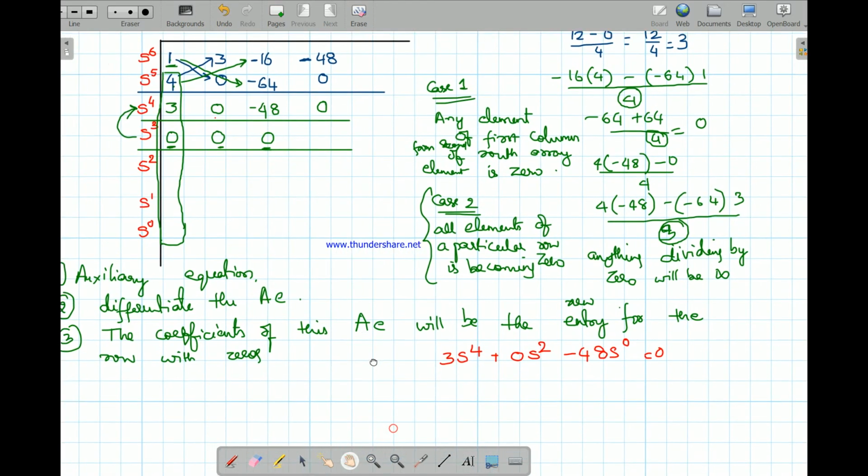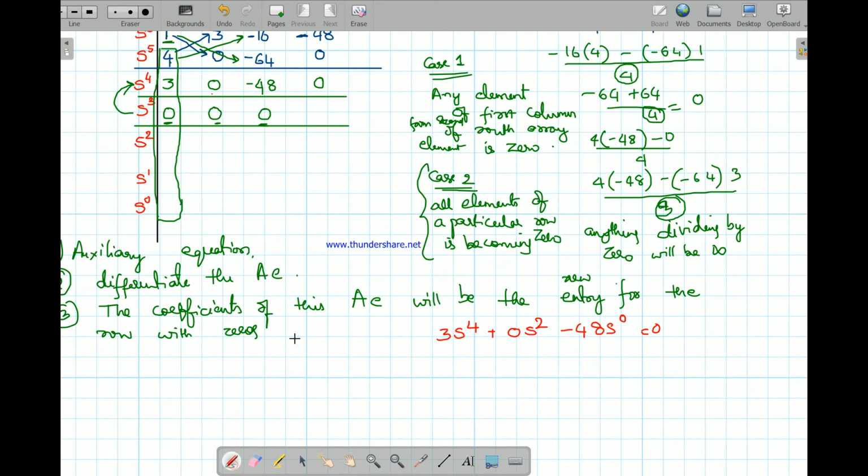If I write this equation properly, I get 3s to the power of 4 minus 48 equals 0. Now let me differentiate this equation. I will get 12s cube.